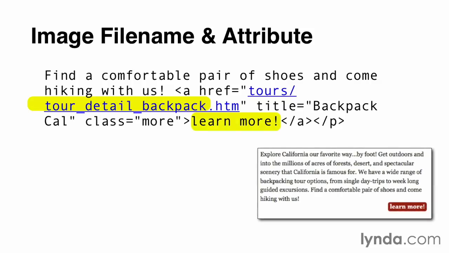The second area is the alt attribute, where we're saying "learn more." We just spent a paragraph telling people how great hiking in California is, the types of options, how many options there are, such as day trips or week-long guided excursions. And what we're asking them is to learn more. Now, do we want them to book now or learn more? I tend to avoid very general statements such as "learn more" or "click here," and I like to do things that are more specific to the purpose of the website.